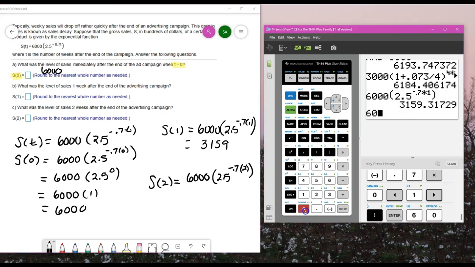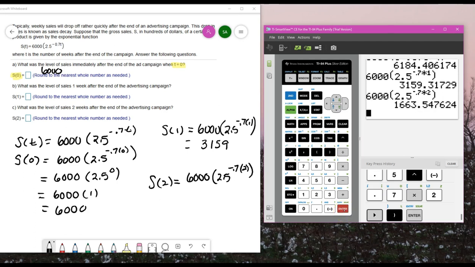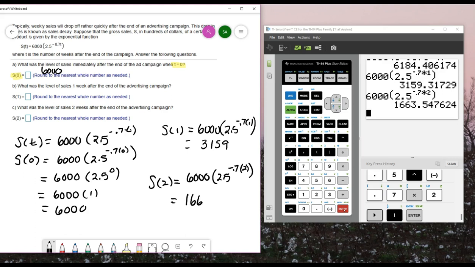On my calculator, 6,000 times 2.5 to the negative 0.7 times 2. That gives me 1,664 if I round to the nearest whole number.